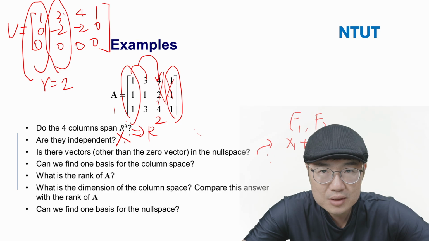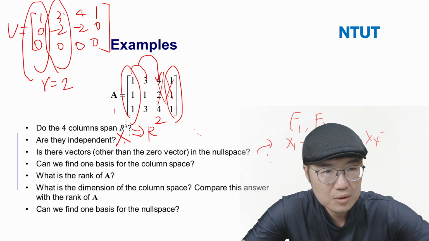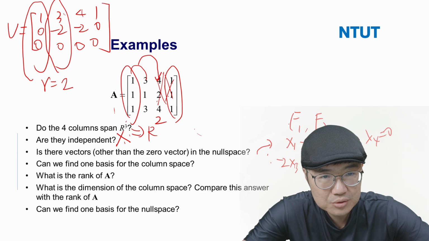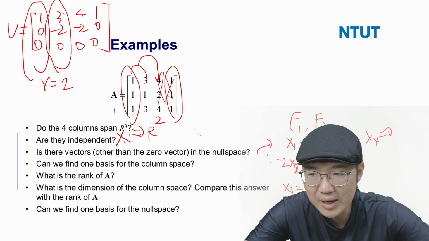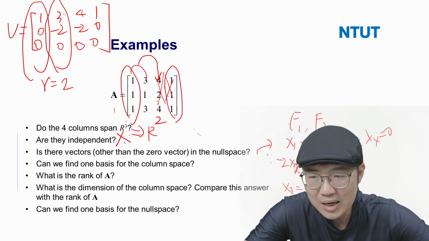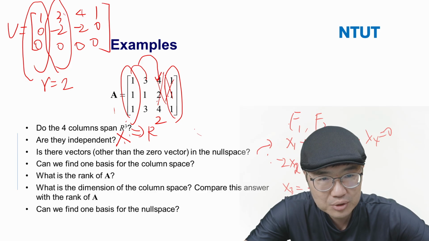In particular, x1 plus 3x2 plus 4x3 plus x4 equals 0, and minus 2x2 minus 2x3 equals 0. So x2 can be expressed as minus x3.